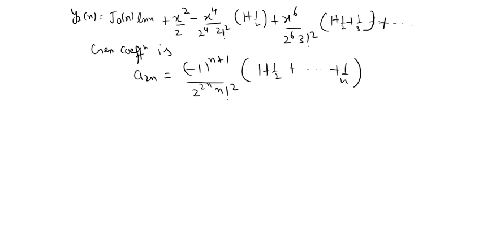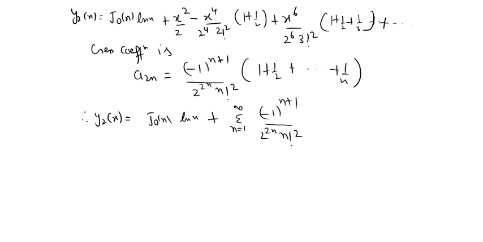So y2 can be written as J0 x log x plus summation n equal to 1 to infinity minus 1 power n plus 1 divided by 2 power 2n factorial n square, 1 plus 1 by 2 up to 1 by n.